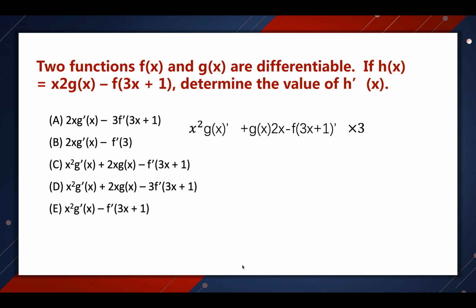So this equation is x squared times the derivative of g(x) plus g(x) times 2x minus the derivative of f(3x plus 1) times 3. So we will know this answer is D.